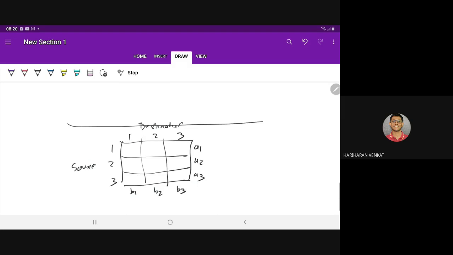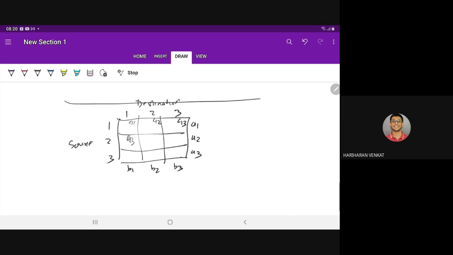Now we know that here we have the costs C11, C12, C13, C21, C22, C23, C31, C32, and C33.